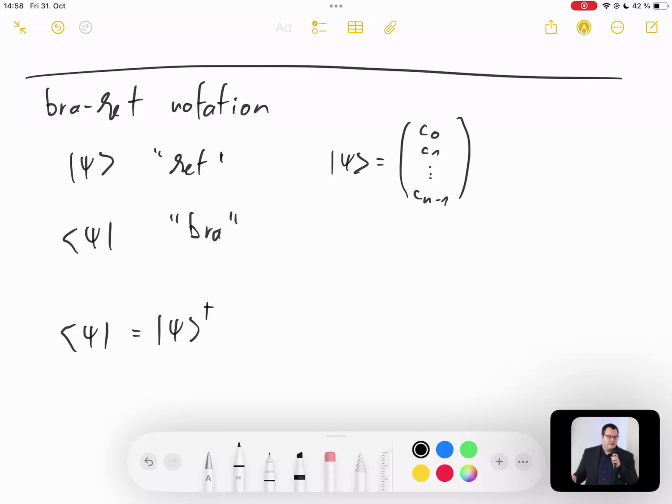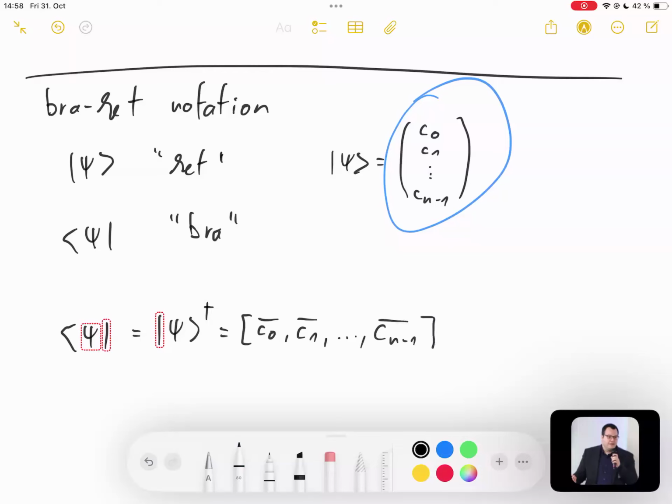If I calculate its adjoint, that means I take the conjugate of each entry and do a transpose. So my column vector becomes a row vector. This is one of the few examples where we will see actual row vectors and not just transposed column vectors. So we take the conjugate of these complex numbers, C0 conjugate, C1 conjugate, up to Cn minus 1 conjugate, and it's actually a row vector.